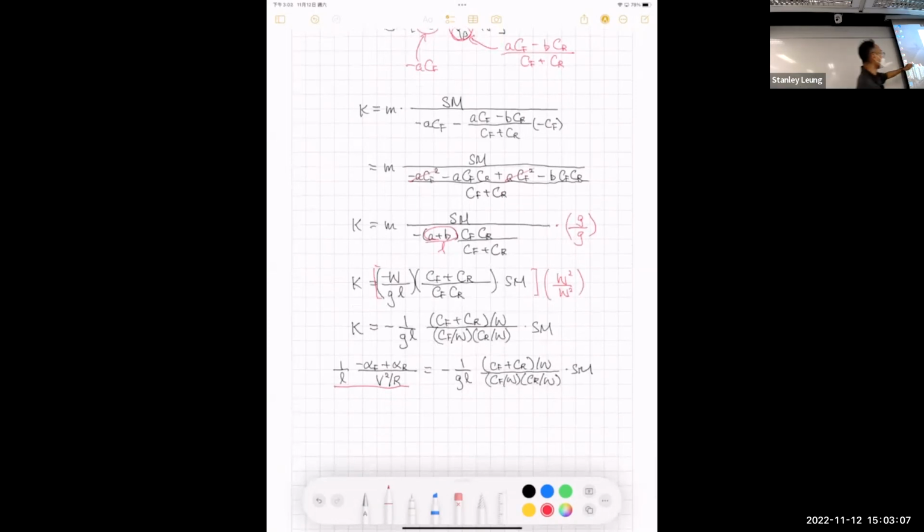So it is also related to your SM and your cornering stiffness measure.